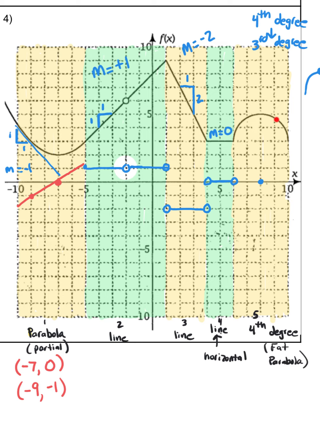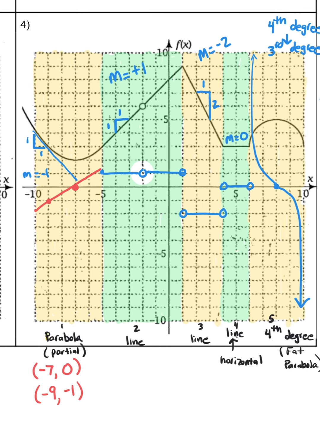Right here, we start decreasing. So the graph of the derivative from this x value on has to be down here. That's how we know that the cubic curve is going to be coming down from left to right, and it's going to hit our point of inflection, the x-intercept, and then it's going to go down right there. Okay, so there is our derivative graph.